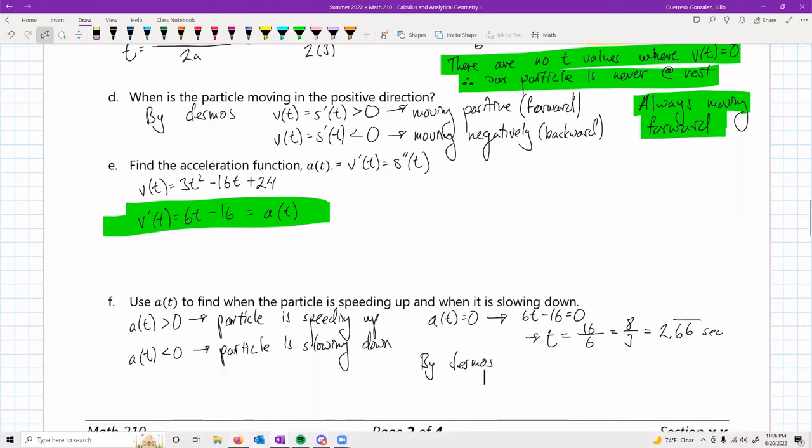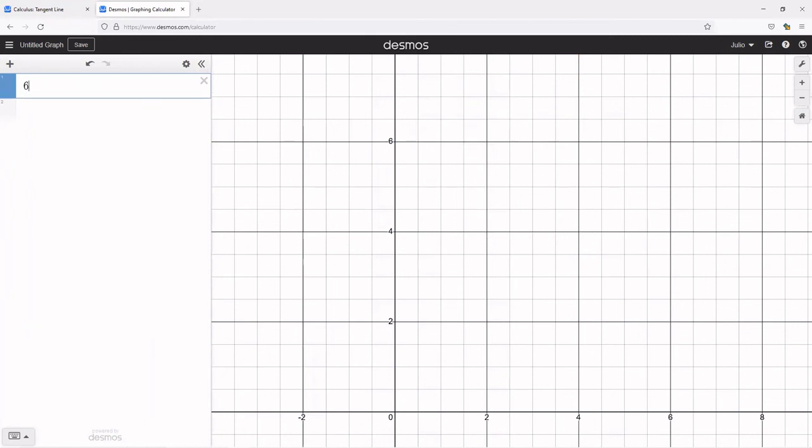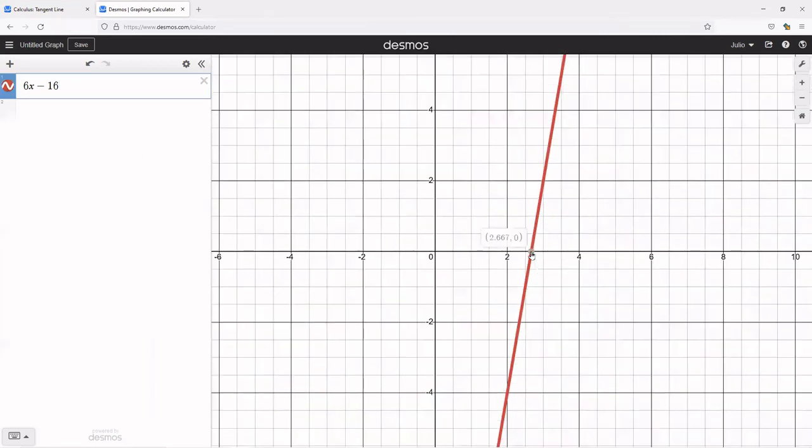I'm going to stick in our equation, 6t minus 16. So there's our point where we figured out that it's not speeding up or slowing down.